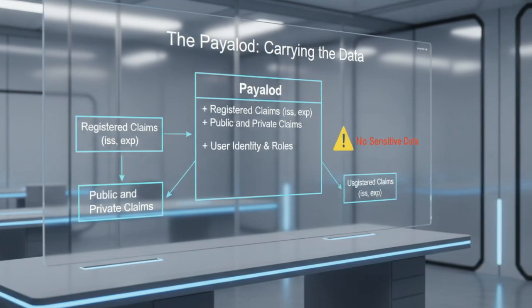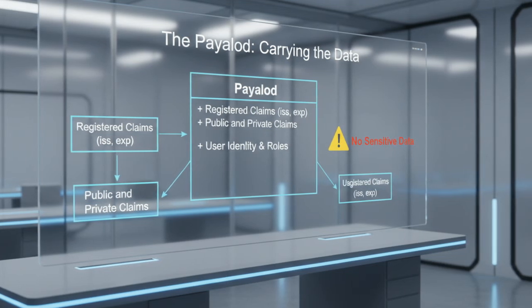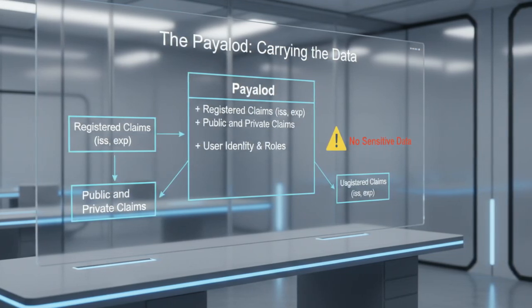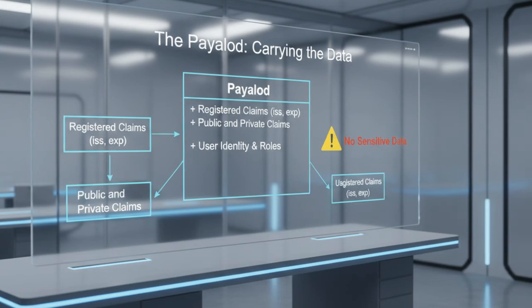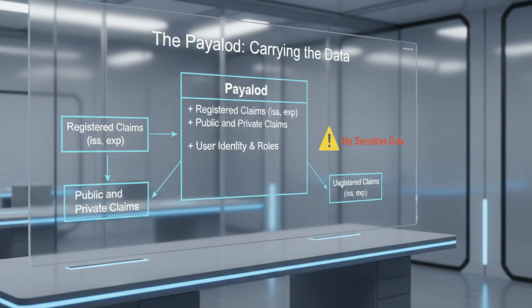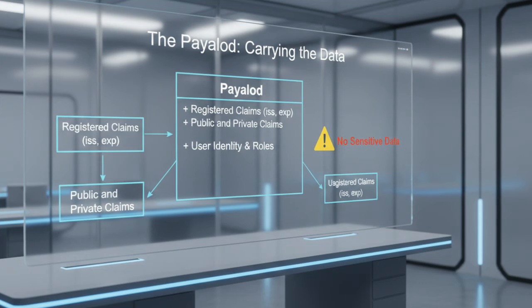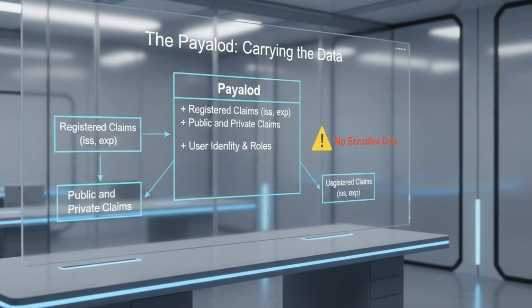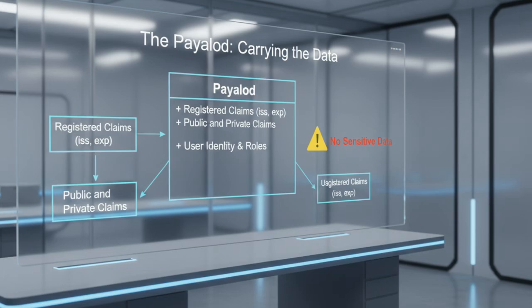Public claims are custom names shared between parties, while private claims are used specifically for internal communication. Because anyone can decode a base64 string, you must never put sensitive secrets, like passwords, in the payload. However, it's perfect for user IDs, roles, and permissions that the client and server need to share to authorize actions in real time across multiple microservices.